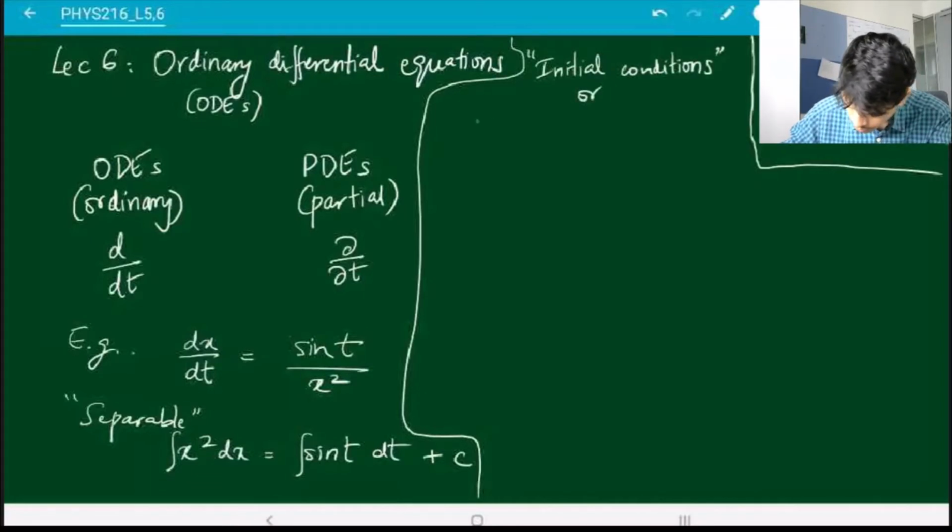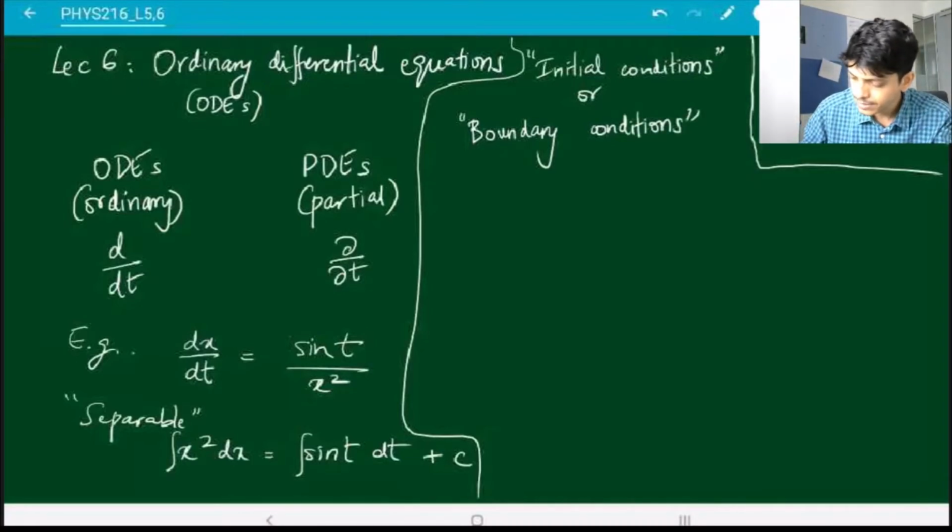Or you can use what are called boundary conditions. Basically what this means is that you just have to specify that something like when t is equal to 0, then x is equal to some x naught, let's say.